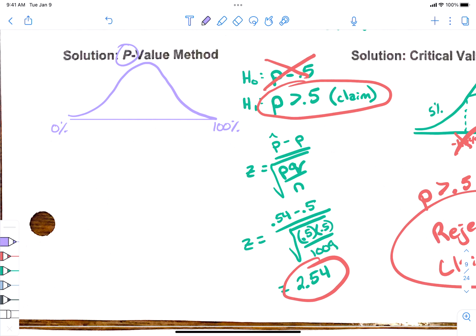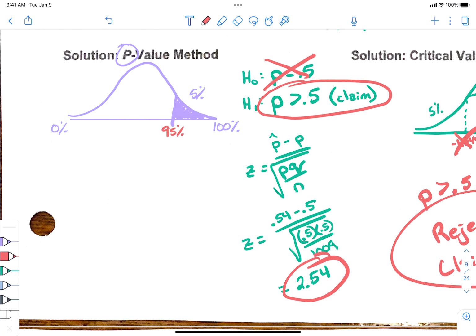Okay, and we have to figure out where our cutoff mark is. So we know that this is right-tailed and that there's 5% over here, right? I don't even look at the pretend side on the left. If there's 5% here, my cutoff mark percentage-wise is going to be 95%. So we're looking at this like a number line. 0%, 95%, 100%, yeah? Okay? So we've already done all the work from the critical value side, right?